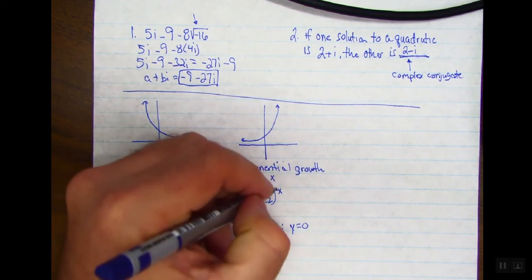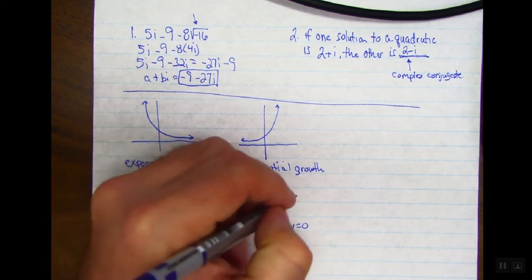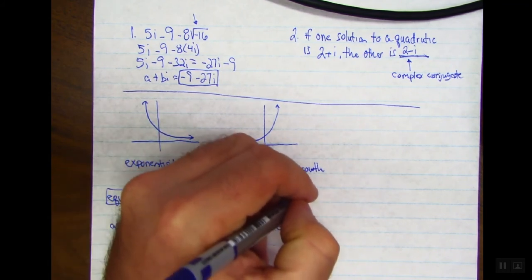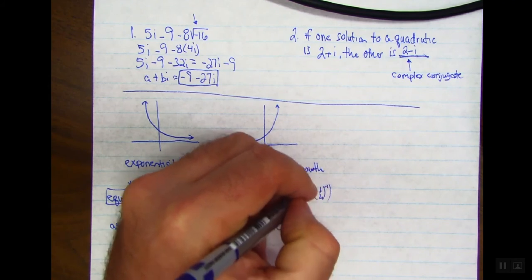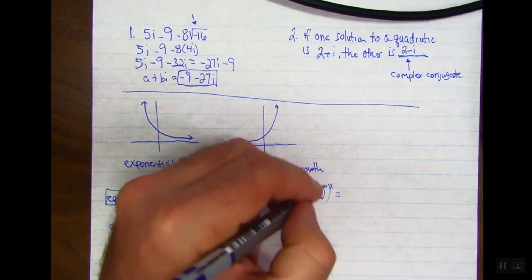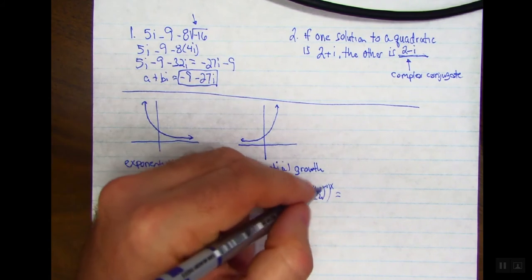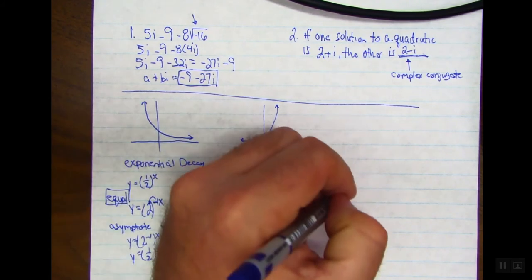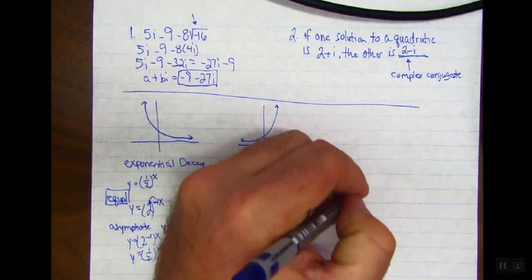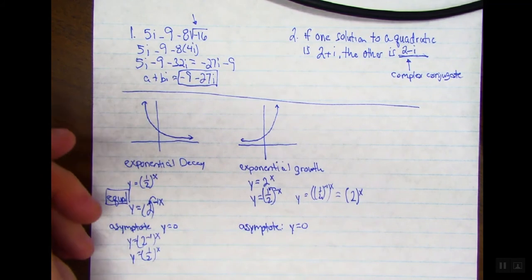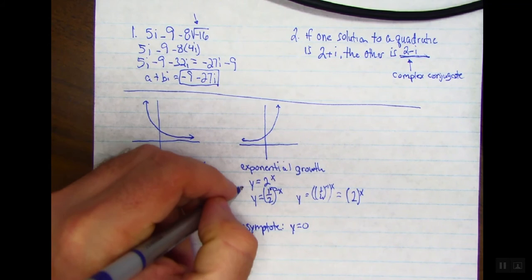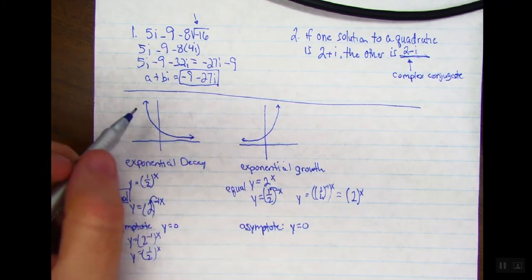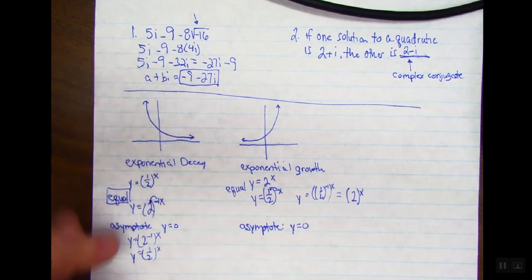That negative exponent is brought inside, and that becomes y equals 1/2 to the negative 1 to the x. And of course, any power to the negative 1 means reciprocal. So now that becomes 2 to the x. So these two are equal. They're the same equation, just written in different formats.